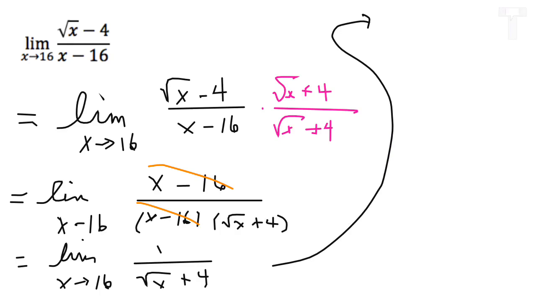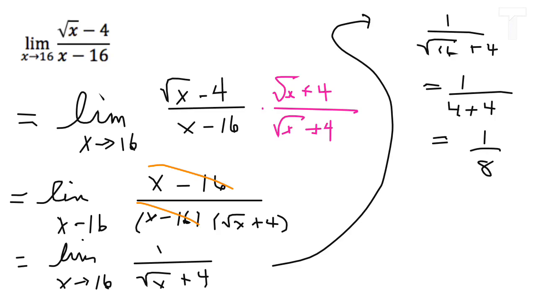Now I can plug in 16 without having a problem, without making a 0 in the denominator or any other problem I can't recover from. So that's going to be 1 over the square root of 16 plus 4, which is going to make 1 over 4 plus 4, which is 1/8.